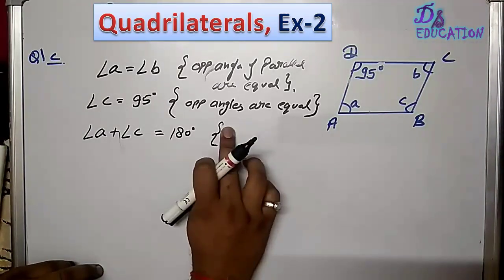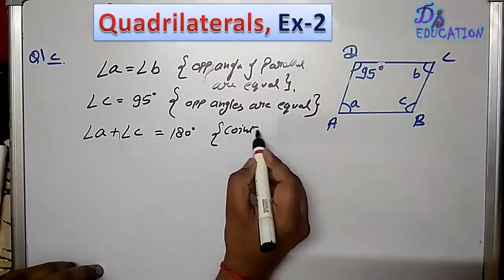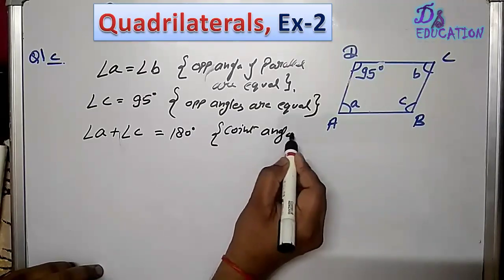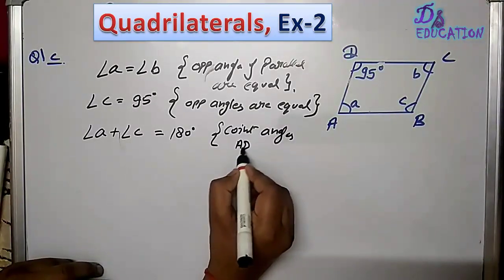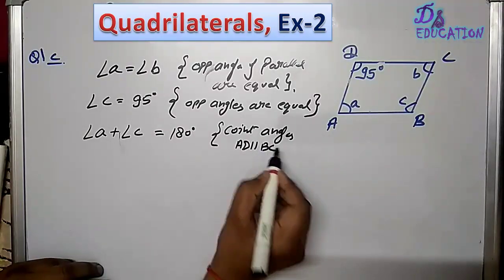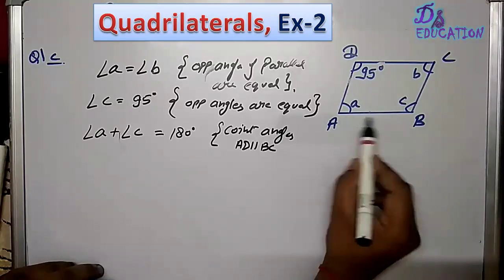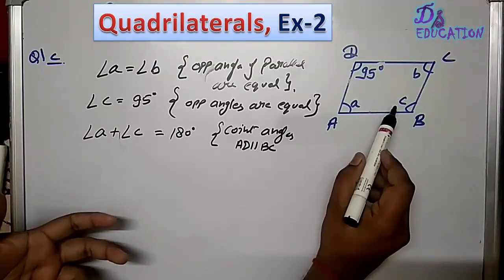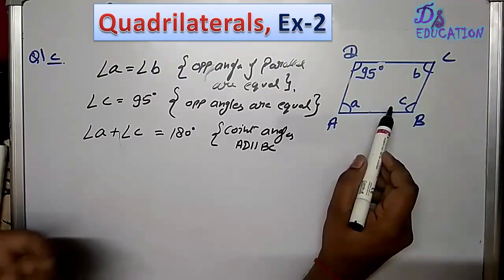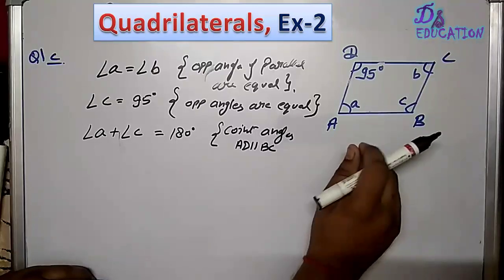Okay, now what are co-interior angles? Because AD is parallel to BC and AB is a transversal. So A and C will become which type of angles? They will be co-interior angles, that their sum is equal to 180 degree.